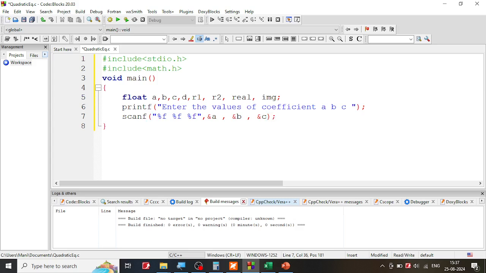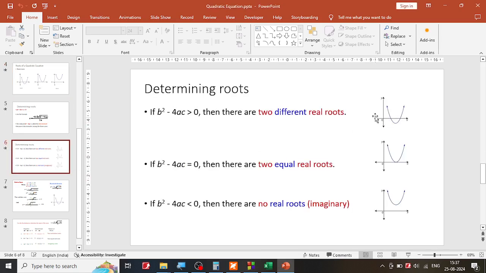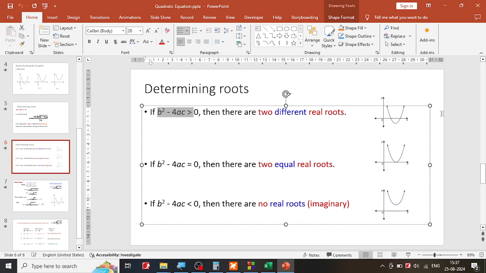So that is it. Then what is the next thing? How do we say that these three curves are different? How do you distinguish between them? You know very well, it is the discriminant. B squared minus 4ac will decide whether the curve will touch at 2 points, touch at 1 point, or not touch the x-axis.